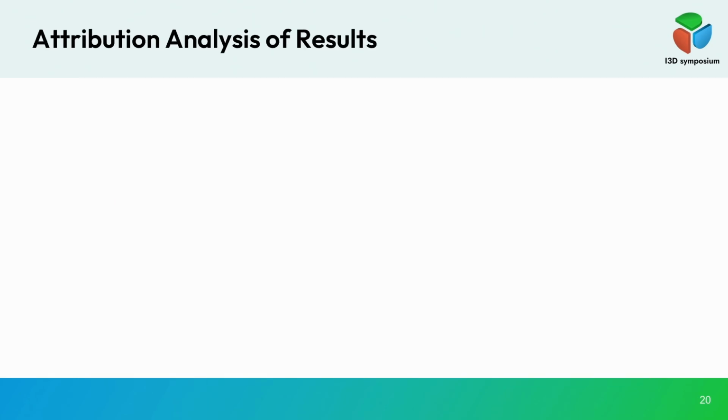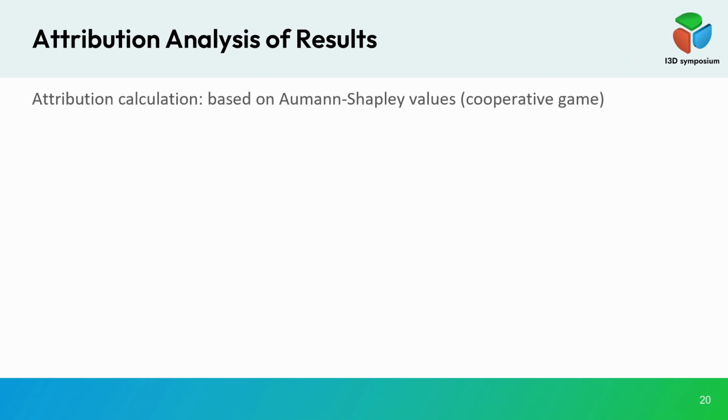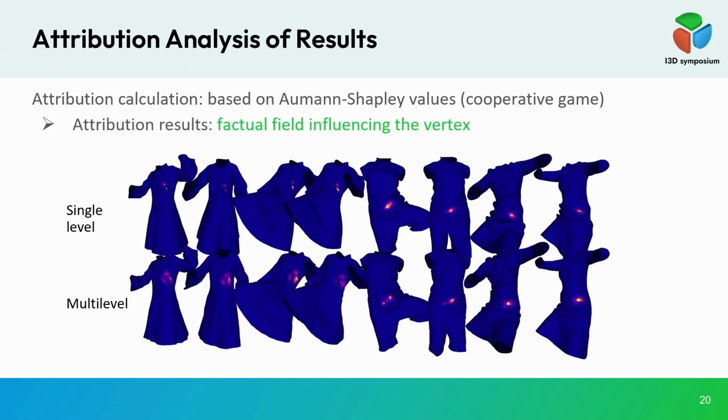Next, we further enhance the interpretability of our results. We integrate attribution calculation, a technique from neural network interpretability research, into our method. This attribution method identifies key vertices in the input graph that influence the output.